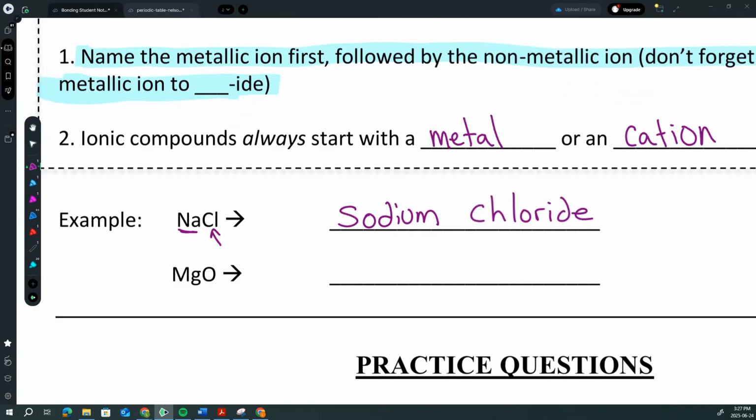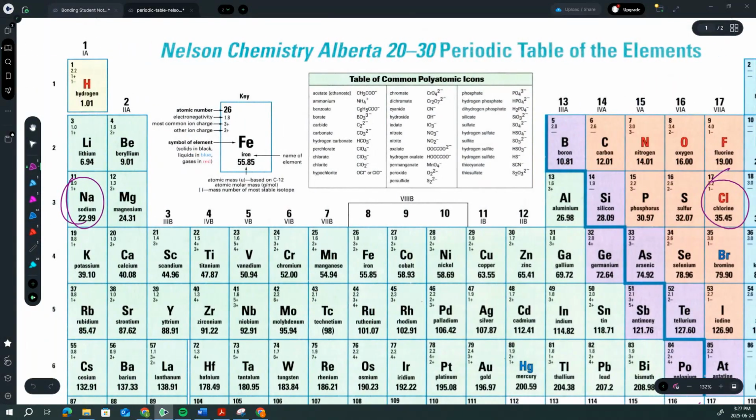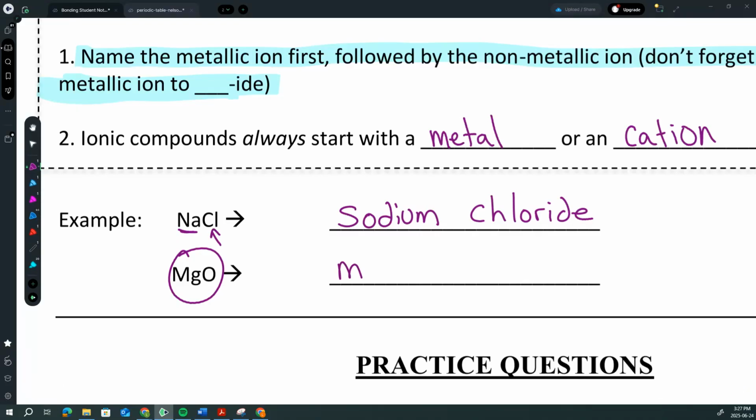Moving on to MgO, switching that from a formula to a name. Mg is the symbol for magnesium, so I'm going to write magnesium.